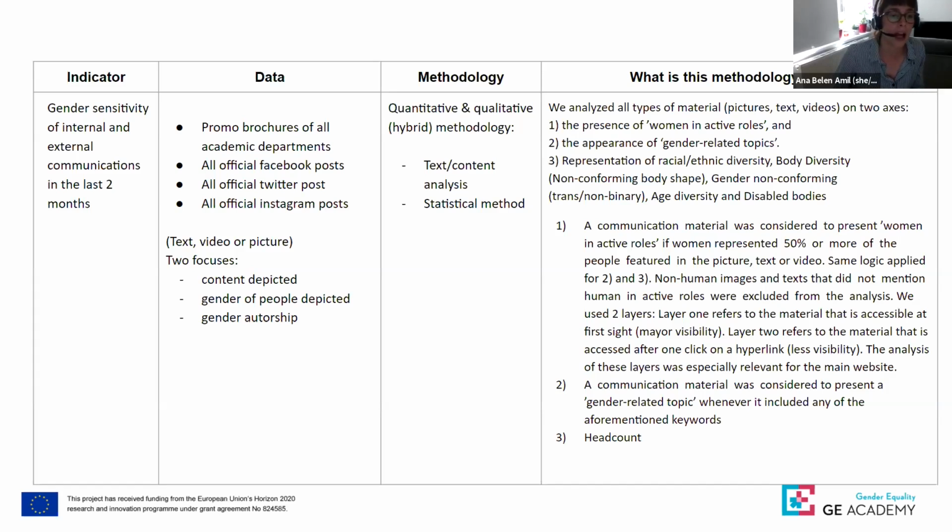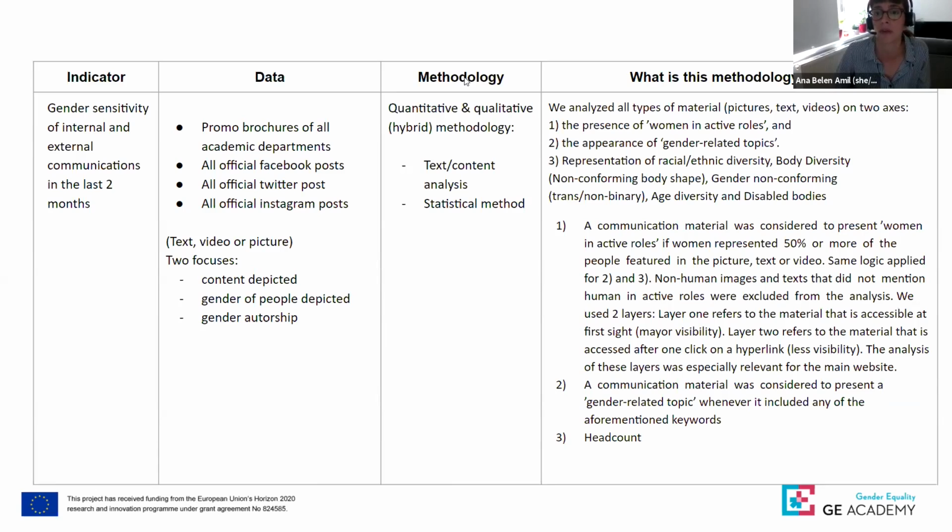And we had 2 focuses here. The content that is depicted, not only in text, but also the gender of the people depicted and the gender of the author of that piece of news or that post. What was this methodology about? We analyzed all types of materials, pictures, text, or video, on 3 axes. First, the presence of women in active roles.